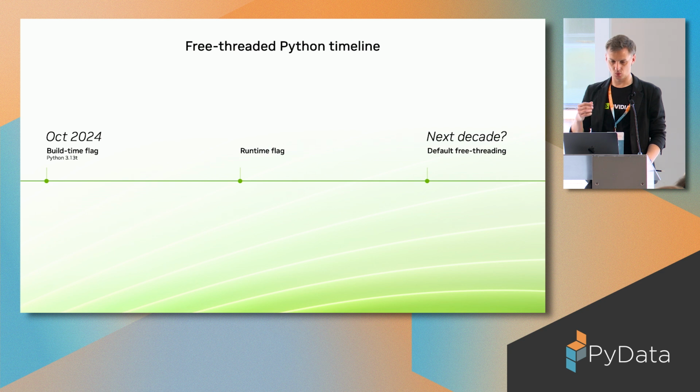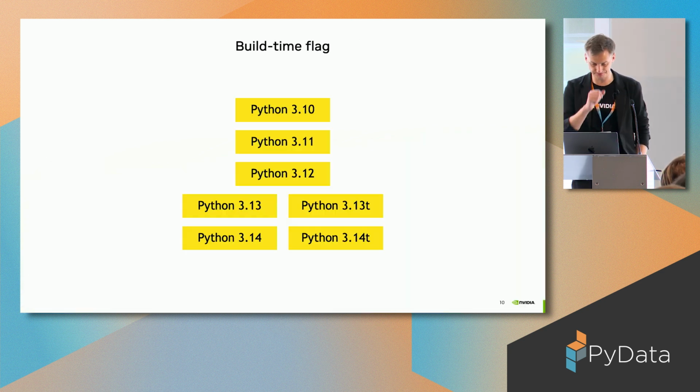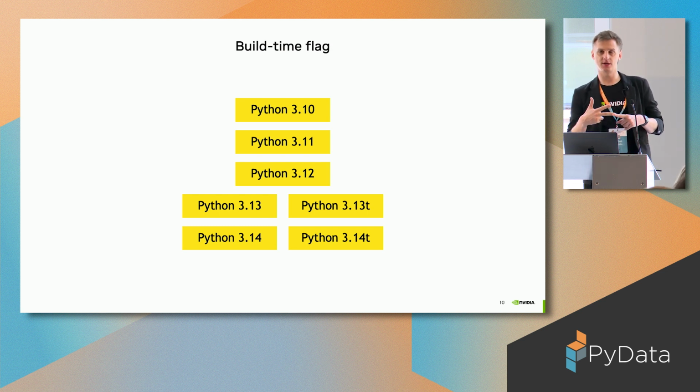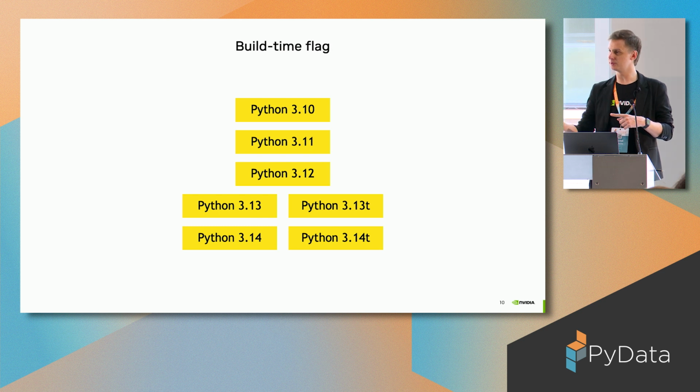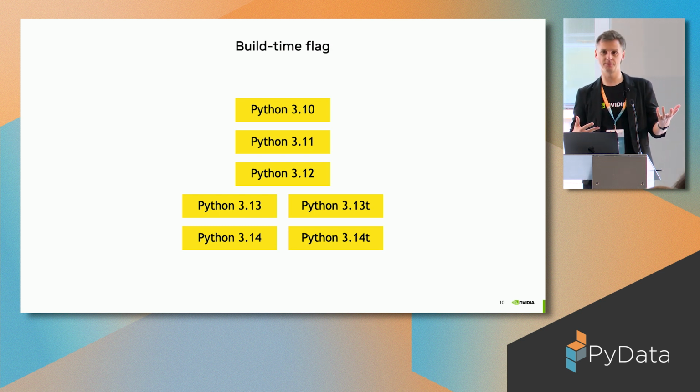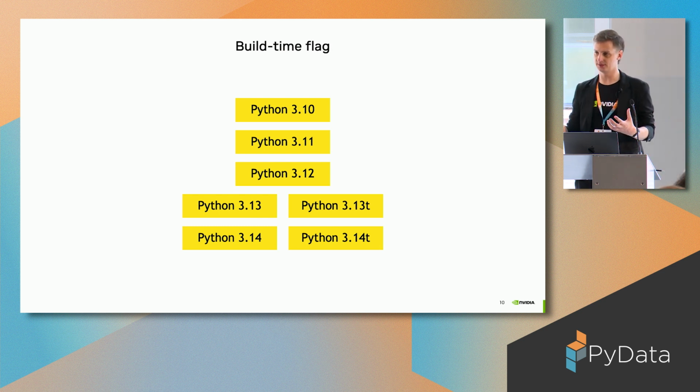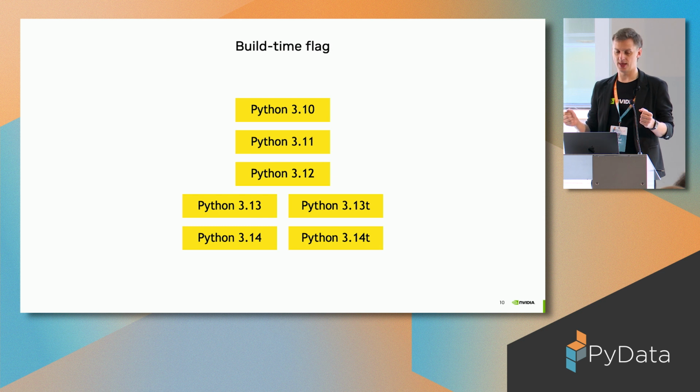So what precisely is this build time flag? So far, we had one Python version: Python 3.10, Python 3.11, Python 3.12. The build time flag is a flag that we pass to the interpreter when we build Python. When there's a program in Python, we code it in the Python frontend, which is this Python code, and then this is executed by the interpreter.